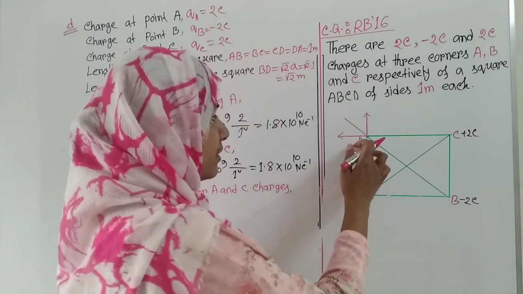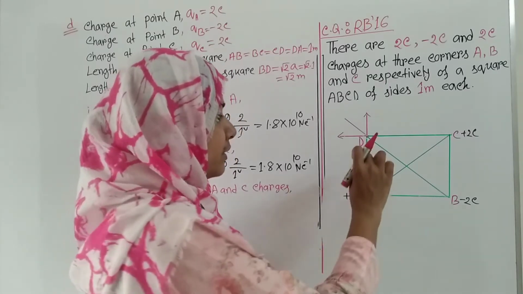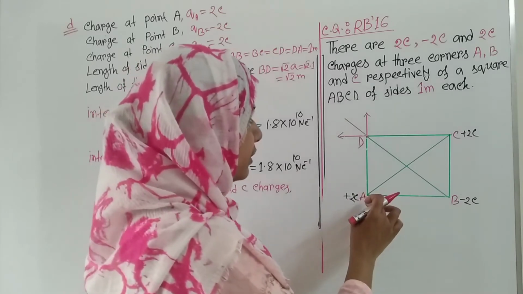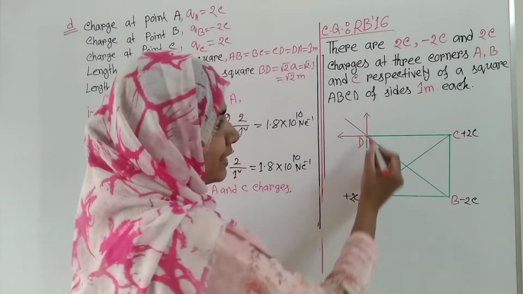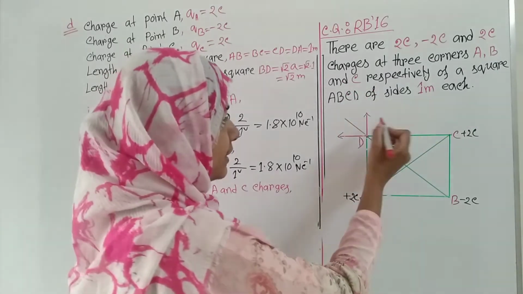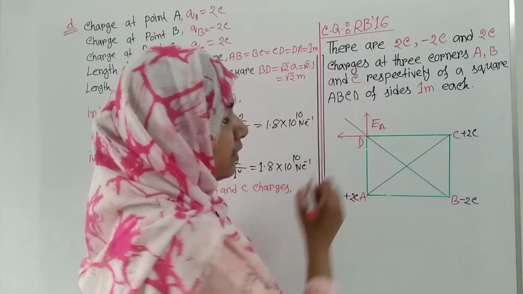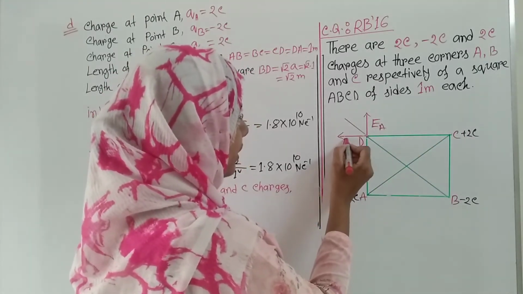As the nature of both charges is similar, a repulsive force will act, that is, the direction will be along AD, okay, and this will be the direction of EA. In a similar way, the direction of EC will be here.